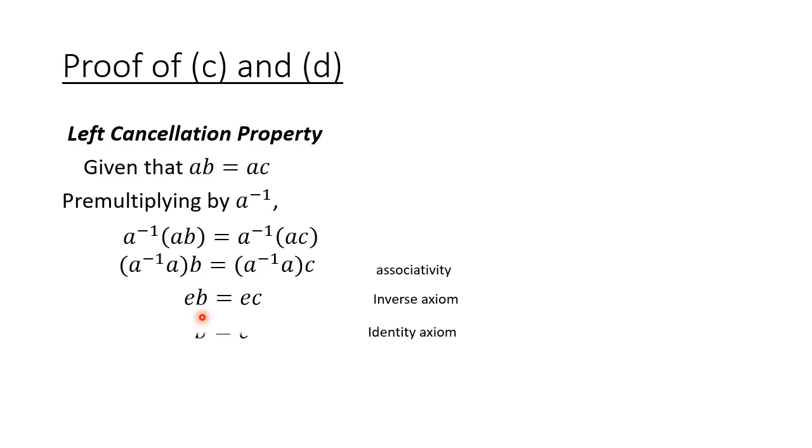So EB is nothing but B and EC is nothing but C. So just by these three properties of a group, we get that if AB is equal to AC, then B is equal to C. We can cancel an element on the left side and an element on the right side, if both left sides of the operation are equal.